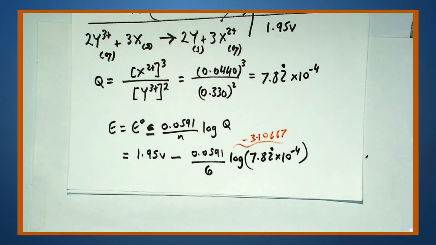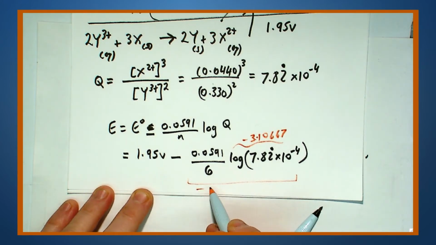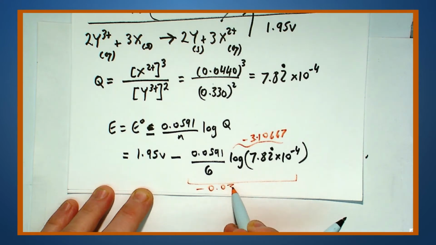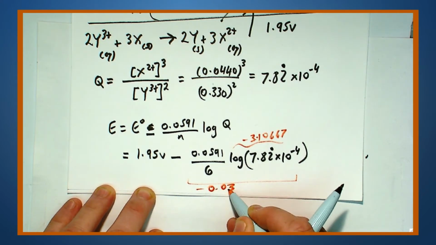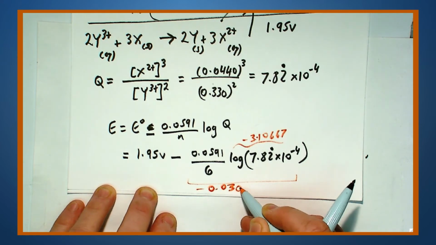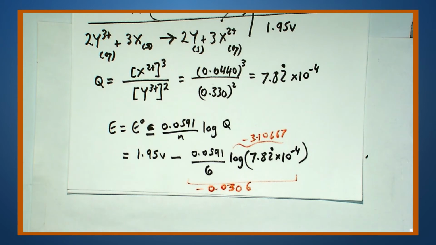All right, so take the log of that. Now we're going to times it by 0.0591 and divide it by 6. And we get this whole part here being equal to minus 0.03006. Trying to write down plenty of decimal places just in case.